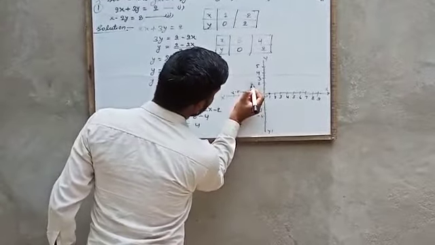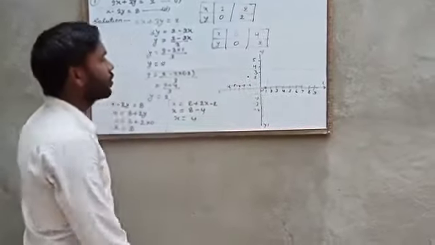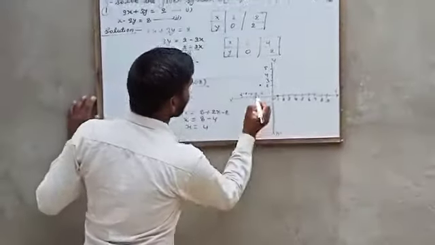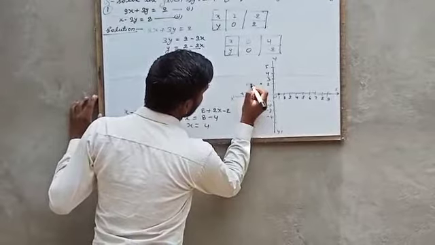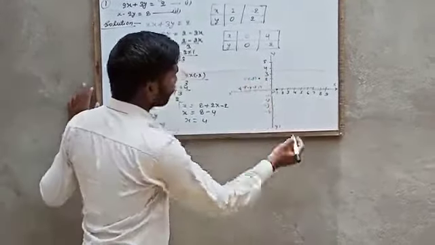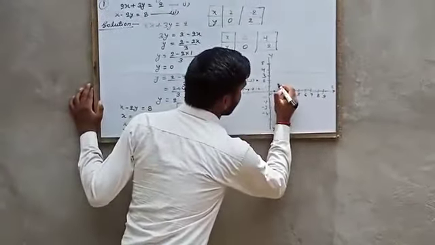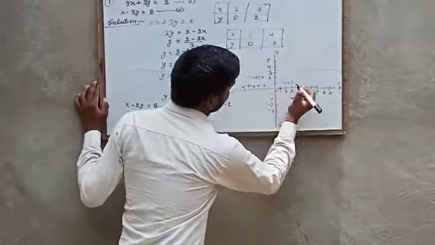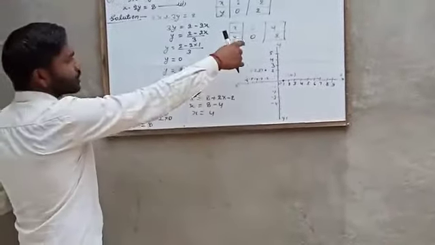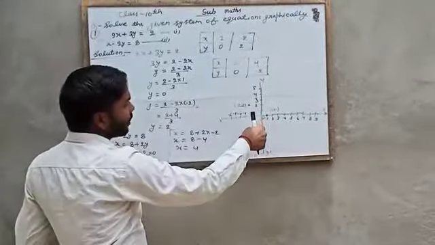So it will be here, minus 2 and 2. This one is 1, 0.